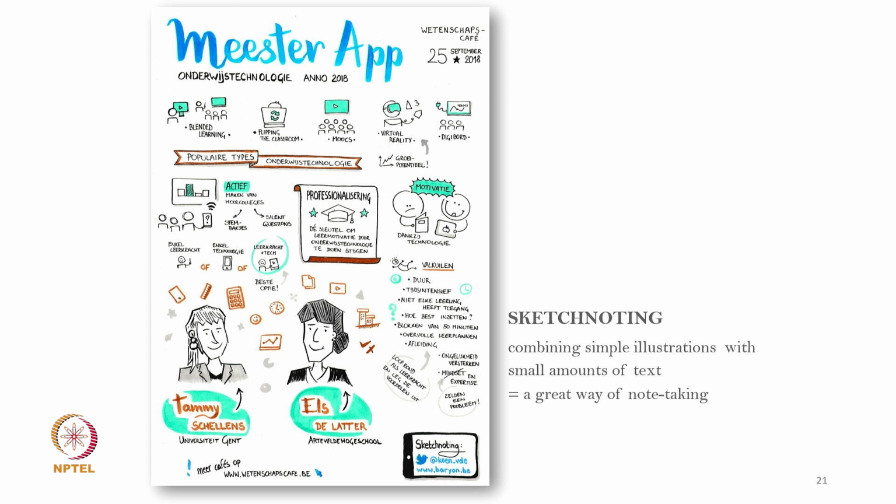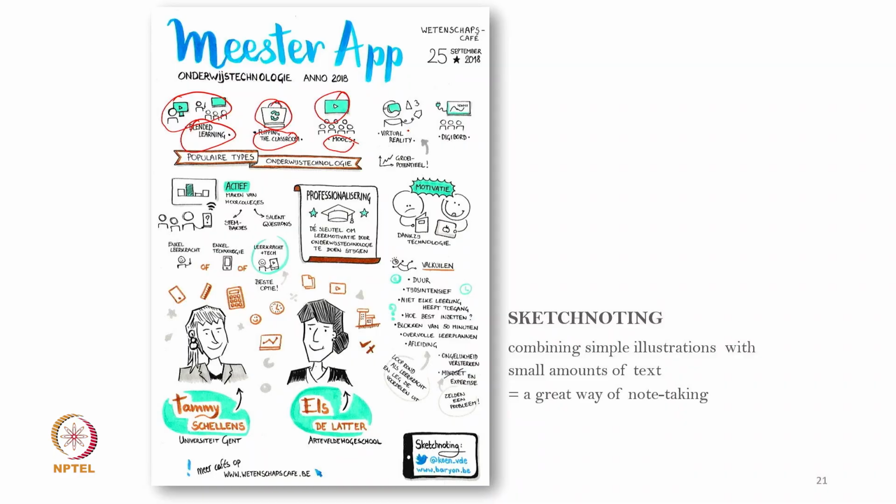Here we have the text blended learning, and in the same way, related graphics are given for blended learning, and also the classrooms, flipping the classrooms, and their related graphics. And for MOOC, the online course, we have related graphics.